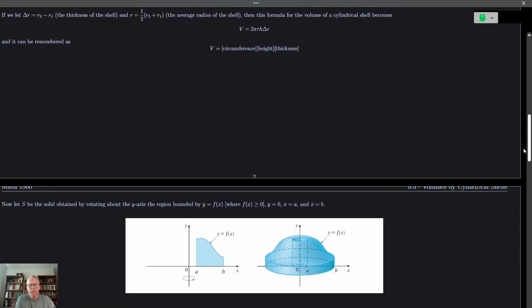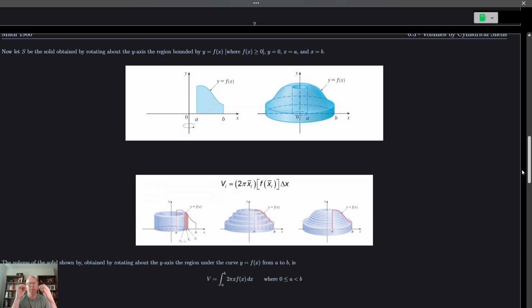Okay, so let's see what's going on here as far as finding the volume of these solids that we're looking at. So we have some region here, and we're going to rotate this around the y-axis. So here's what the eventual solid looks like.